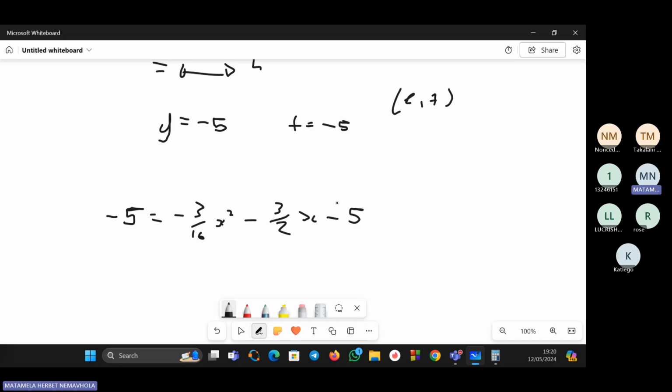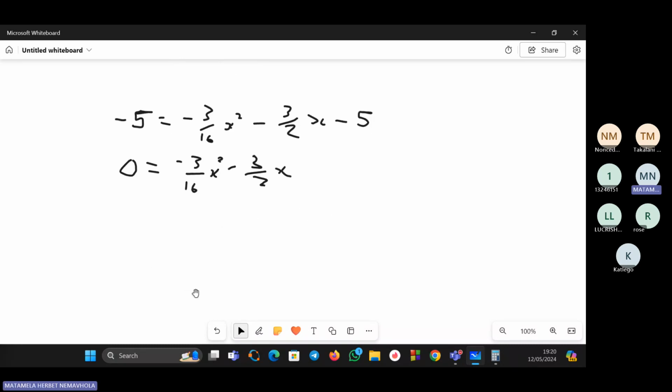So this value, when it goes the other side, is going to be positive. Then you're going to have -5 plus 5 is going to give us 0 equal to -3 over 16 x squared minus 3 over 2 x. Then we can now factorize this.